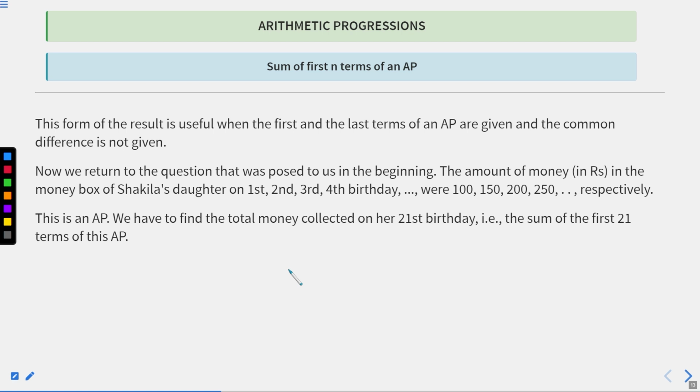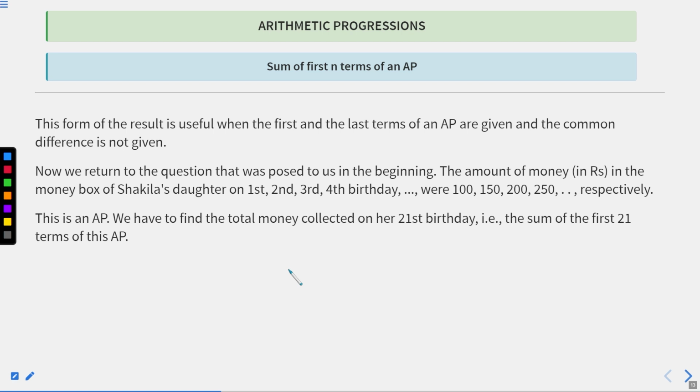So in the end, we get this formula for the sum of the first n terms of an AP, that is S is equal to n by 2 times first term A plus last term L. And this formula will be useful when the first and the last terms of an AP are given and the common difference is not given.